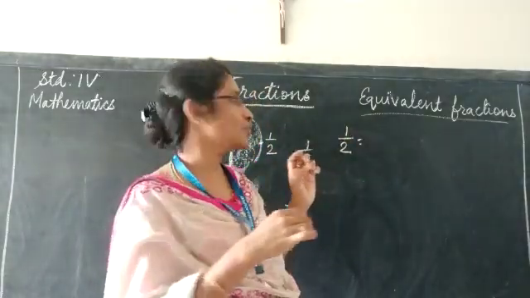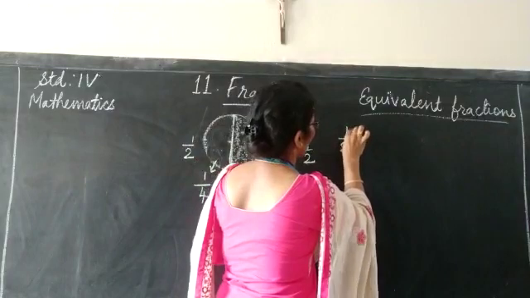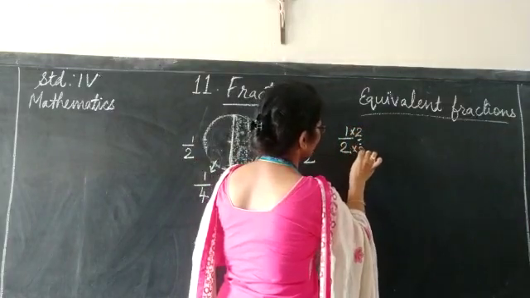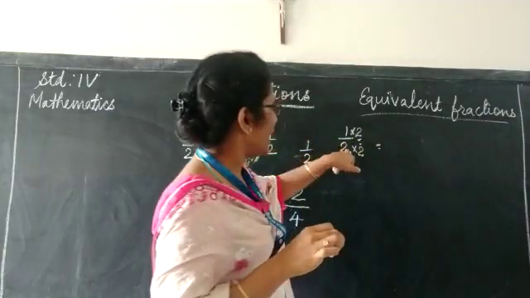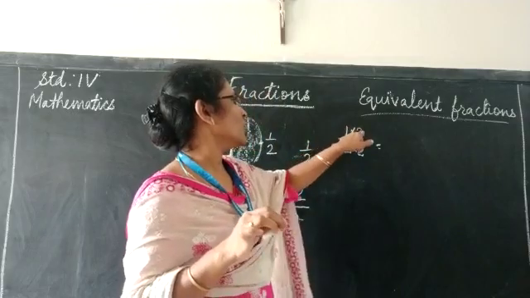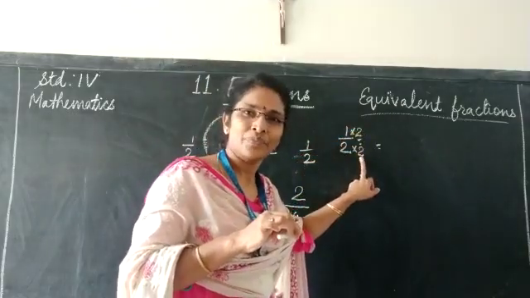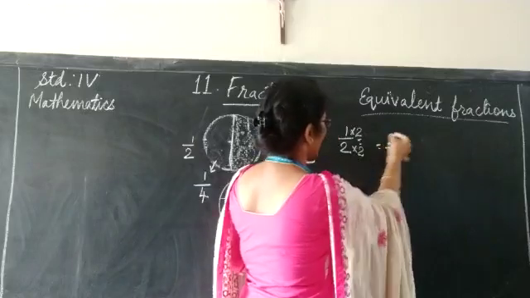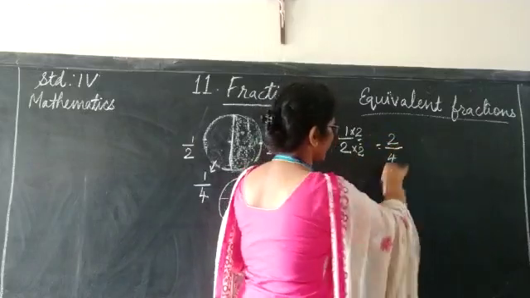For that, what I have to do? I have to multiply 1 with 2 and 2 also with 2. Means we multiply the numerator and denominator with the same number. 1 2s are 2, 2 2s are 4.